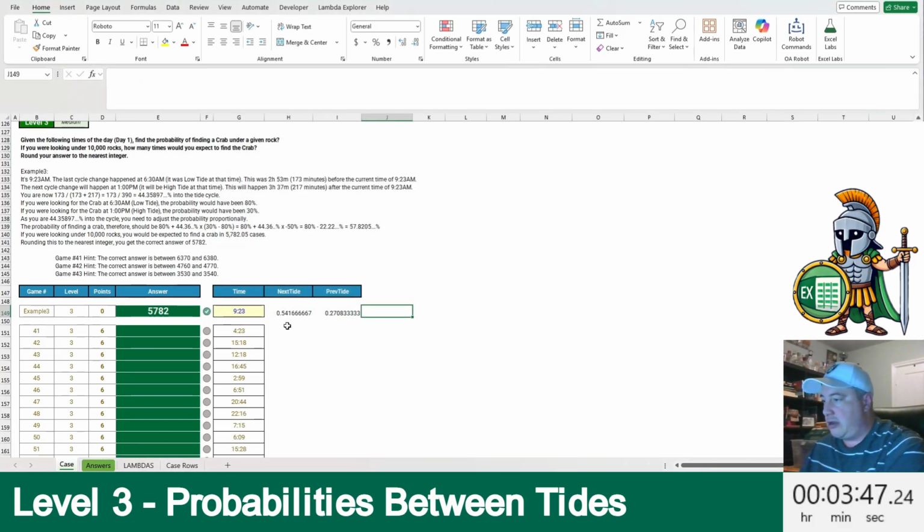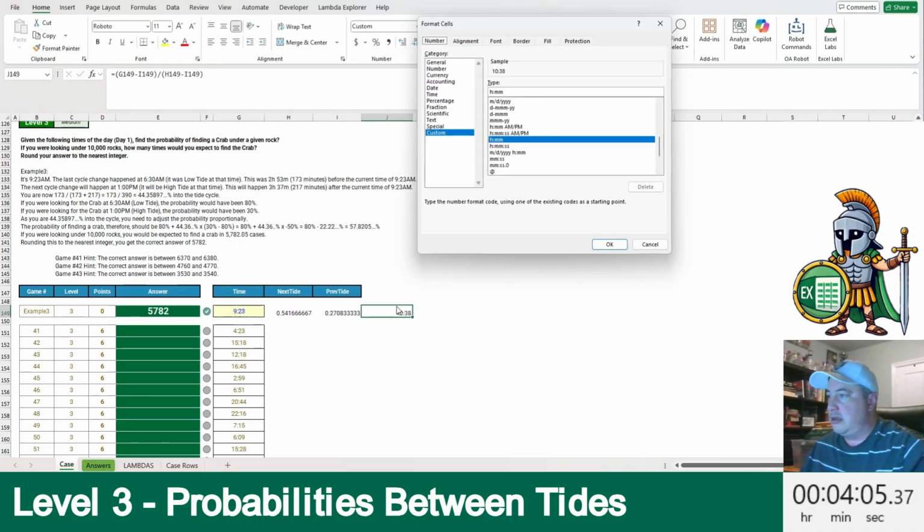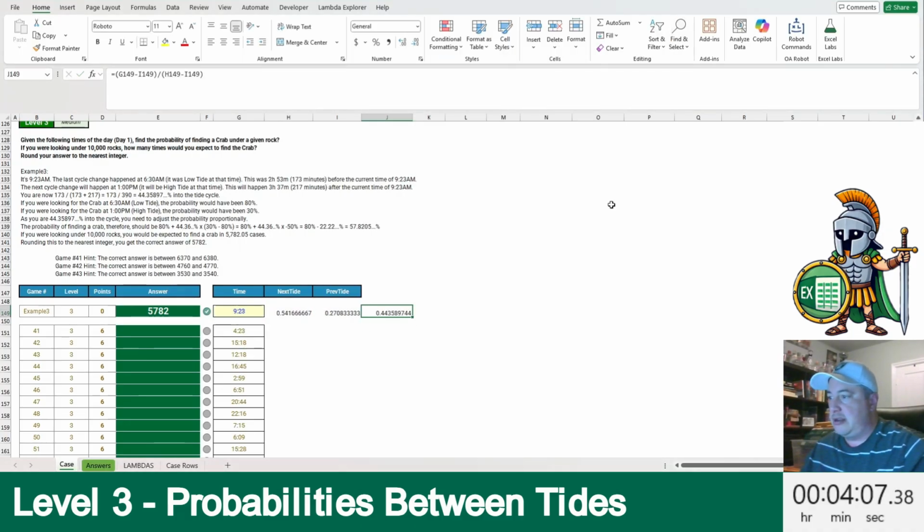Okay, so now we want to know the percentage of the distance that it's crossed between the previous tide and the next tide. So we'll say time minus previous divided by the next minus previous. It should be represented, there we go, by a decimal. And then we'll look up, first I need to know, is this low or high that we're starting at.